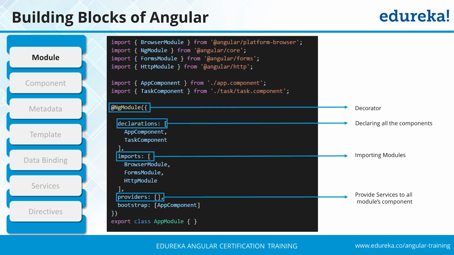So these are common places where you will keep common data and common functionality, and then inject it according to your application's need. Bootstrap, like I said, is one single component that you will bootstrap as a root component. So that is your module.